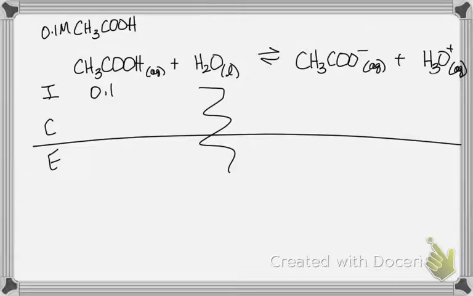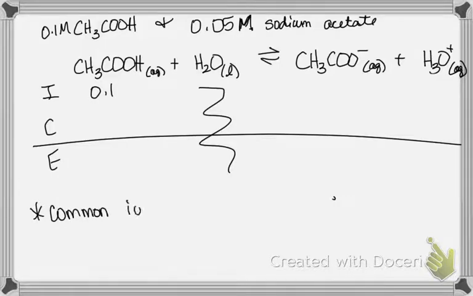But what if we had to calculate the pH of a solution that was 0.1 molar acetic acid, and let's say it also had 0.05 molar sodium acetate. There's a common ion.